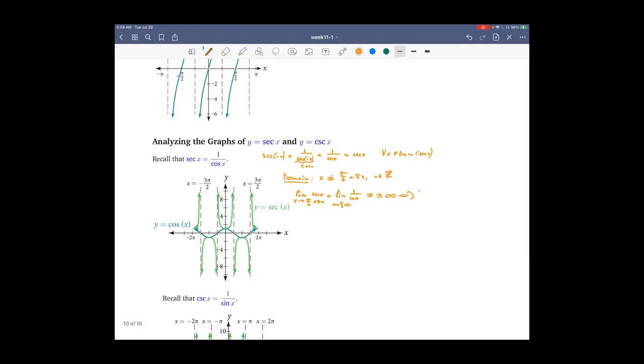So the vertical lines x equals pi over 2 plus pi n, where n is an integer, are vertical asymptotes.